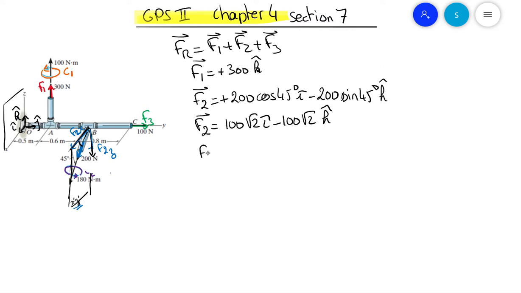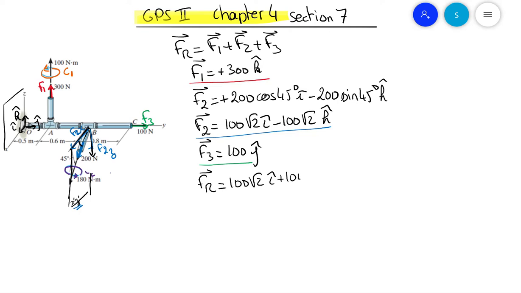And F3 is aligned with y, so it's 100 j hat. So that's my F1, that's my F3, and that's my F2. Let's add them together to find FR. On I hat, I have just 100 square root of 2. On J, I have plus 100 on J hat, and on K, I have 300 minus 100 square root of 2 on k hat.